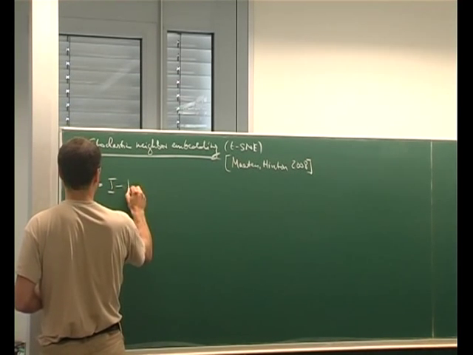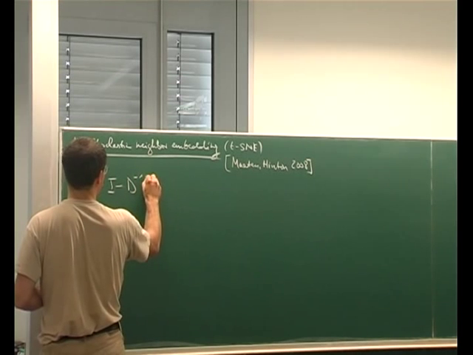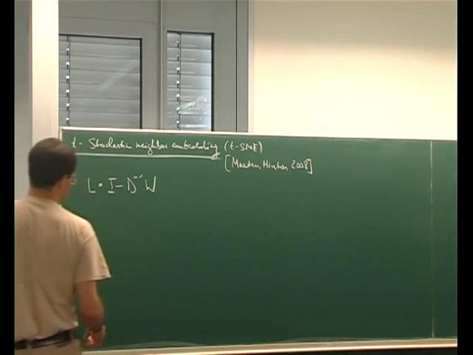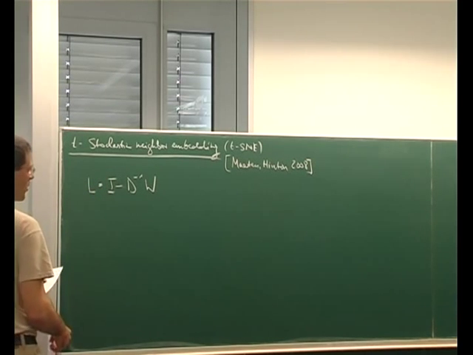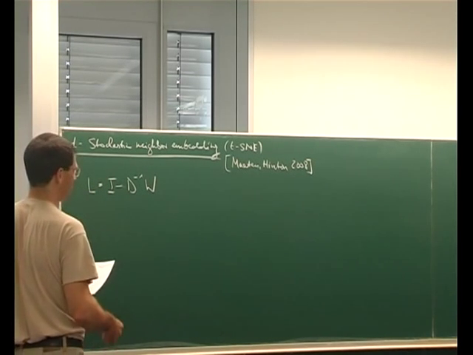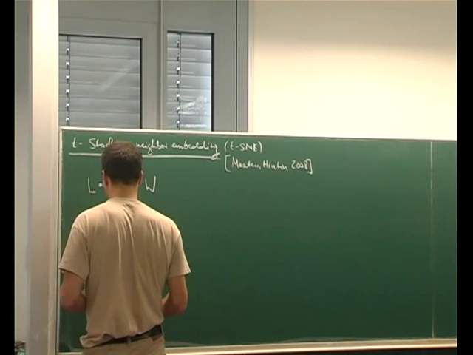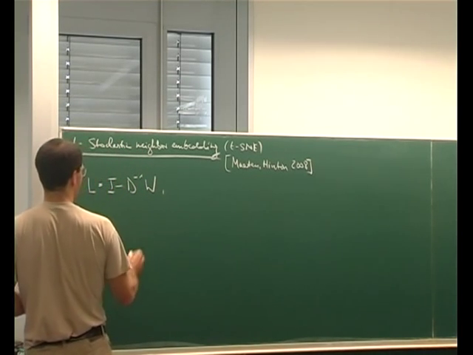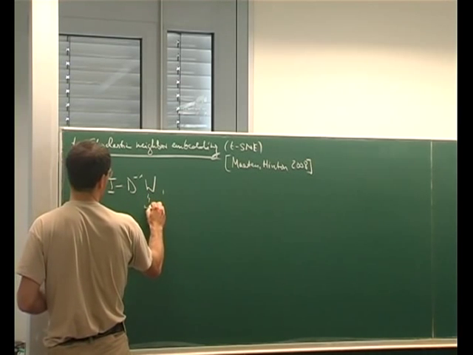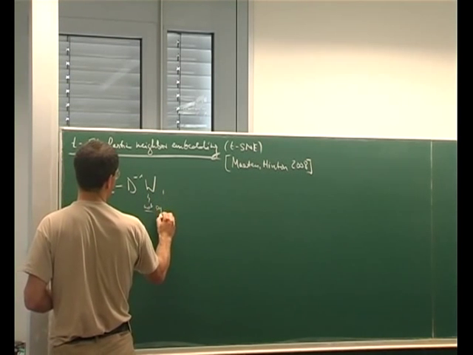Now, this will look very familiar to you. This looks like the random walk Laplacian, the normalized Laplacian, but for one difference, namely, in this case, W is not symmetric.